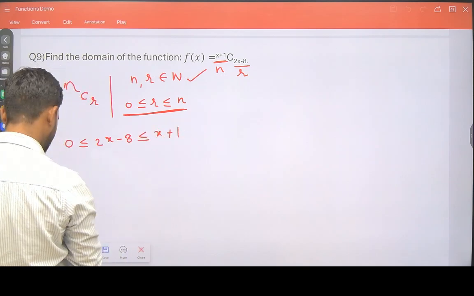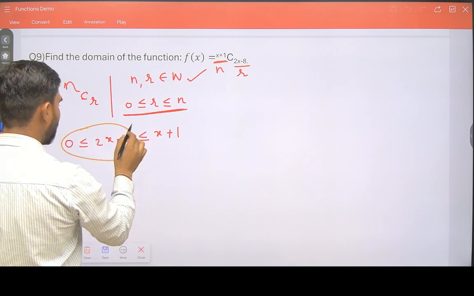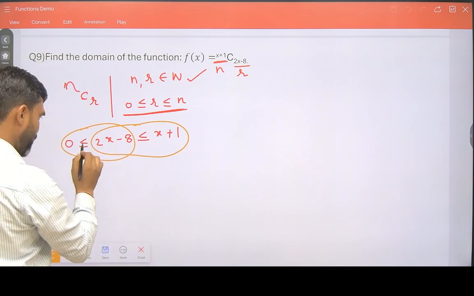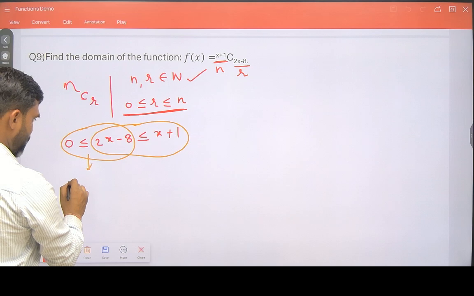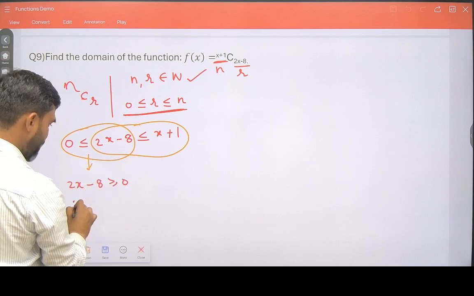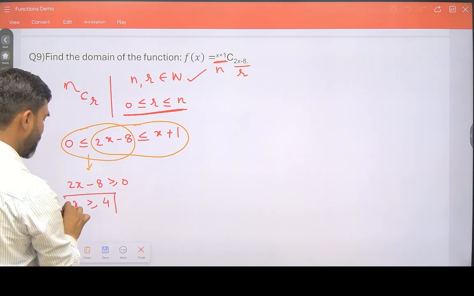So let us solve this first one, and then we can solve the second, right? So this is nothing but 2x minus 8 is greater than or equal to 0. So x must be greater than or equal to 4, right?